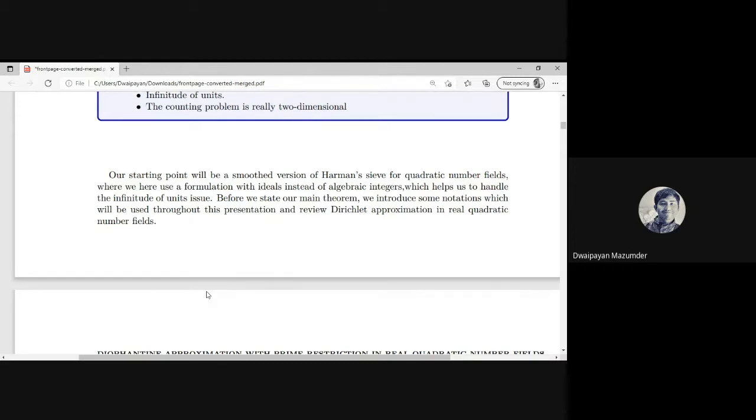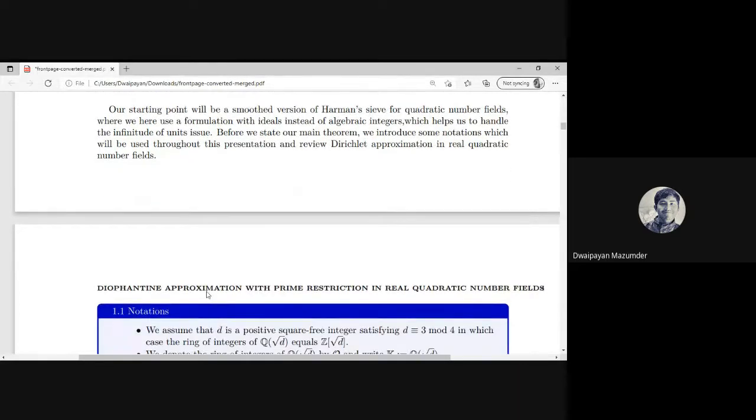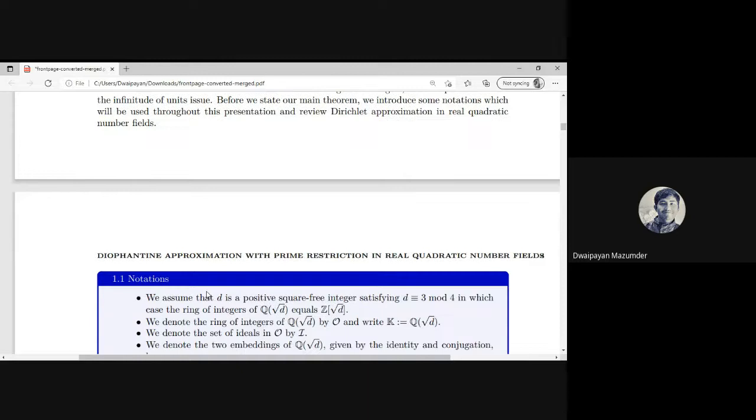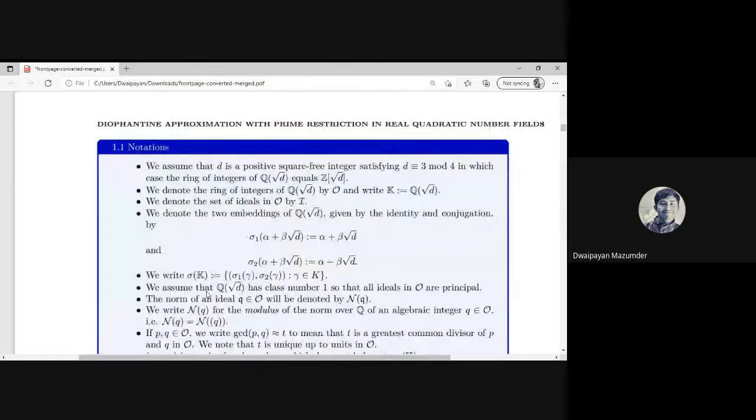First of all, we will take class number 1, so all ideals are principal. If you multiply by a unit, since it is an ideal, it doesn't affect it. So we will just transfer everything into ideals. That was the first idea.